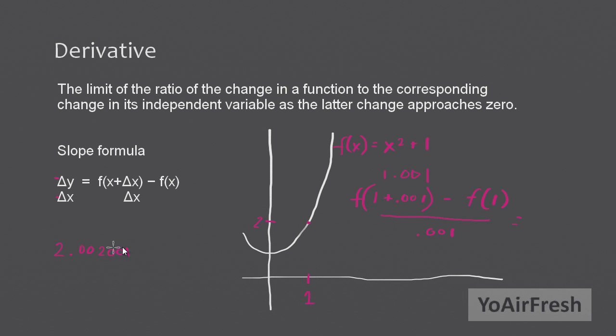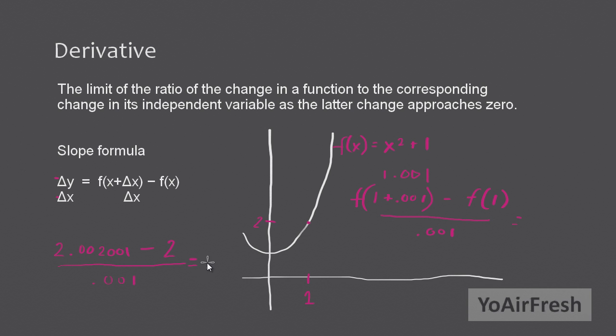You can see that right here on the graph. We're just assuming that it's to scale. So minus f of 1, which is 2. You can see that it's a very small number, over the change in x, 0.001.